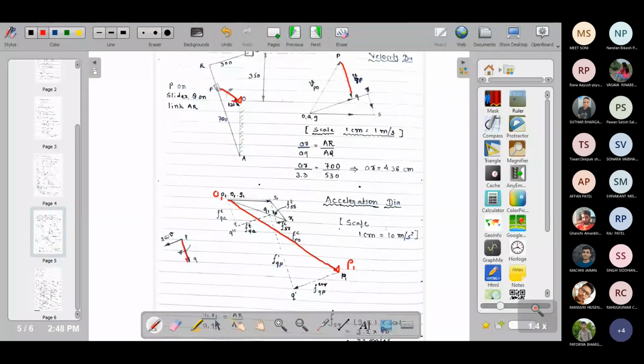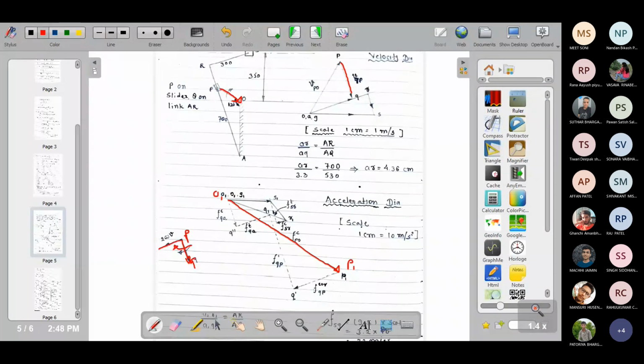Slider velocity of point Q with respect to P, I have taken it from the velocity diagram. Now this vector I have to rotate 90 degree in the direction of angular velocity. So this crank, it is rotating in clockwise direction. Same way, I have to rotate this vector clockwise direction by 90 degree.